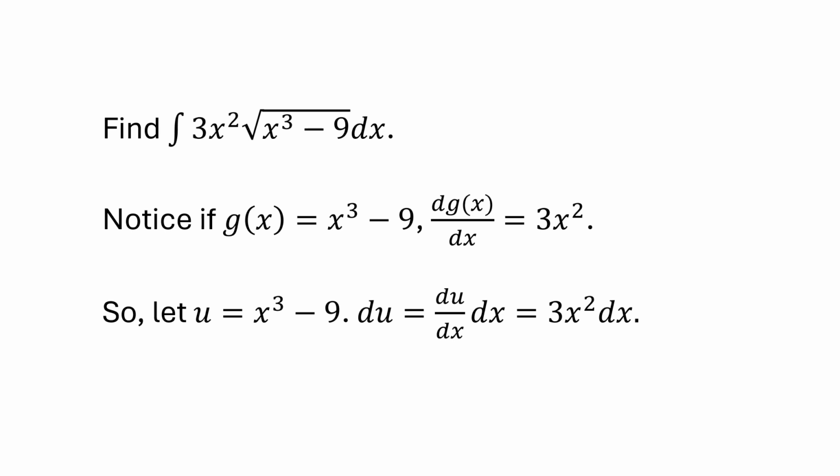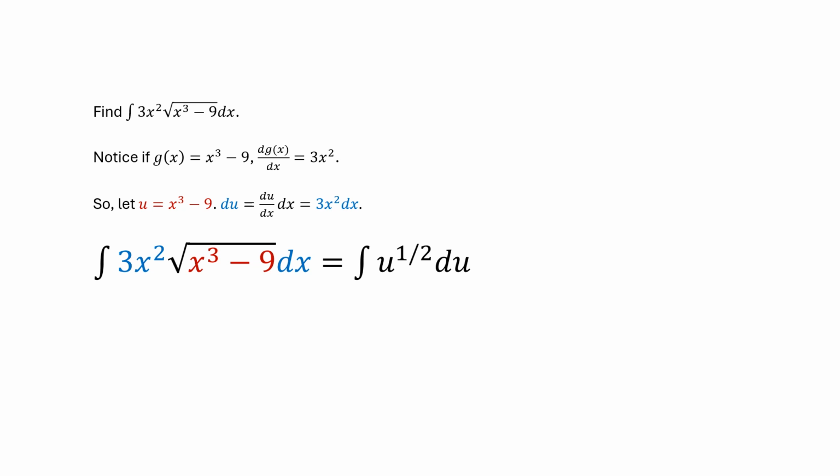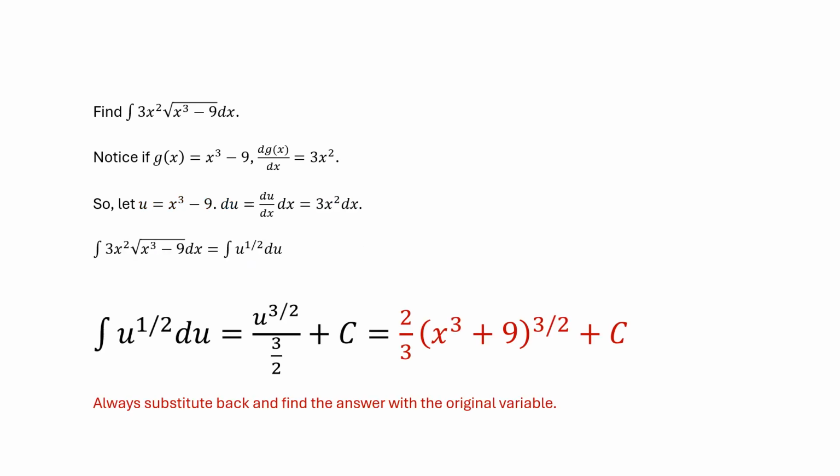So we're going to substitute using u and du. This will give us the integral of u to the 1/2 power du, which is u to the 3/2 divided by 3/2.